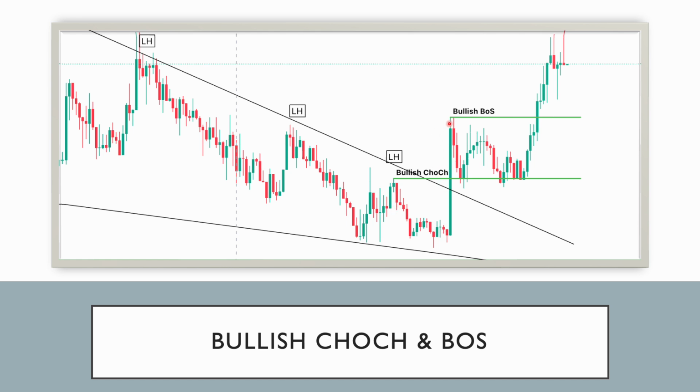But this move, of course, is not confirmed, because what confirms an uptrend? Higher lows, okay? Or if you prefer, higher lows and higher highs.